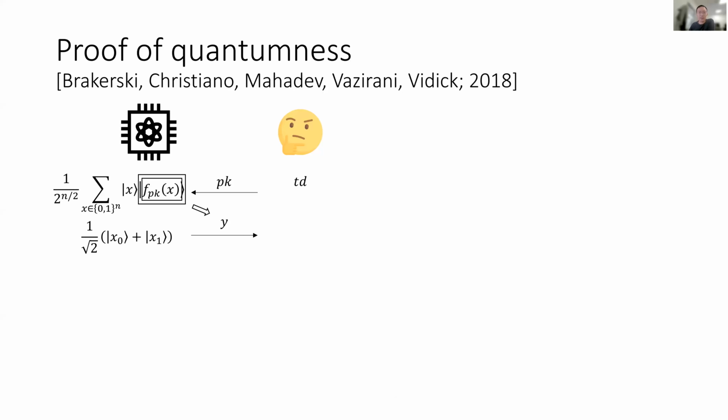And the verifier, having the trapdoor, can, as we mentioned, efficiently invert y and recover x0 and x1. So the next thing the verifier is going to do is to sample a random coin theta, denoting the basis that the prover should be measuring. In particular, if theta is 0, the prover is going to measure this state in the standard basis. Otherwise, if theta is 1, then the prover is going to measure this state in the Hadamard basis. And then the prover reports the measurement results to the verifier.